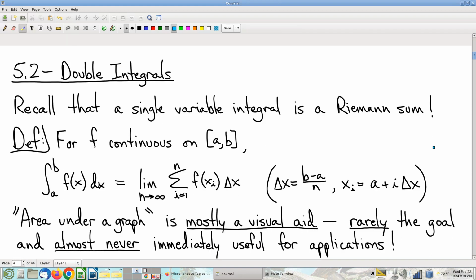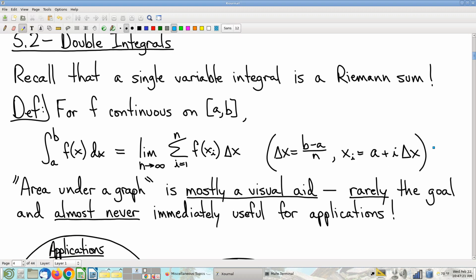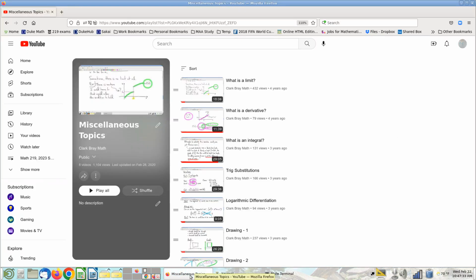Okay, so how are we going to answer mass questions then? How are we going to chop things up into little pieces and add them up? Before I get to that, I want to remind you about single variable integrals. A lot of people misunderstand them. I'm going to try to restrain myself on how much time I spend, since this is one of my standard soapbox speeches that I also have on my miscellaneous topics playlist: what is an integral?